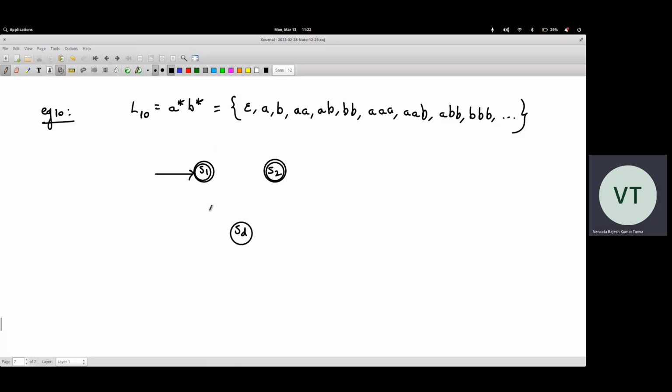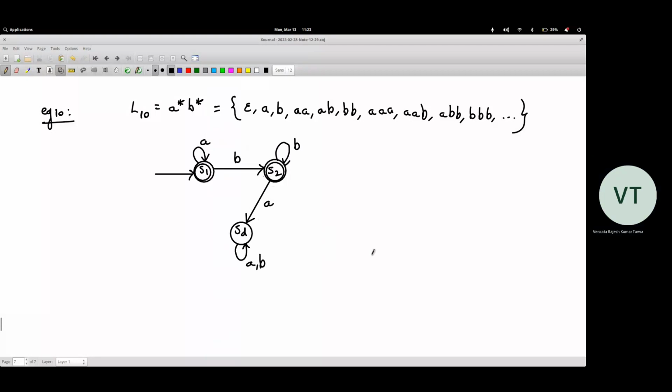There is a self loop on S1 for A. S1 goes to S2 on encountering a B. Self loop for B on S2. A takes S2 to SD. And then a self loop of A, B on SD. That's it. Is it right? Yeah, it's correct.